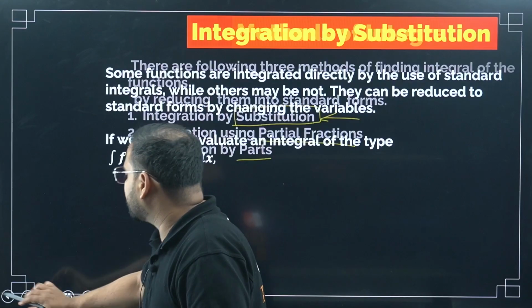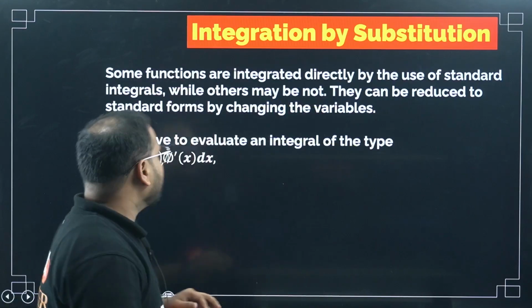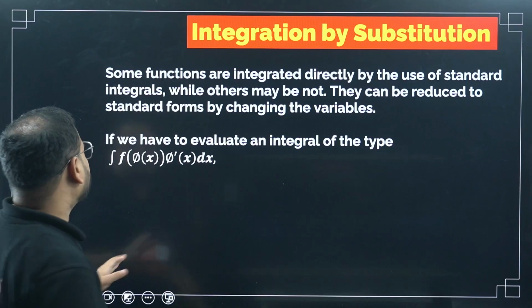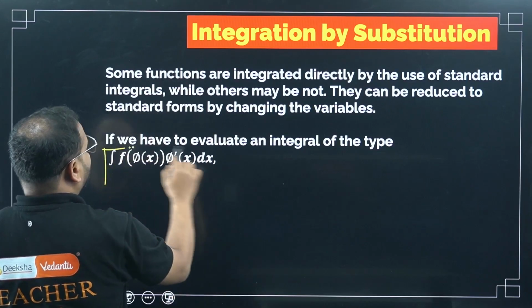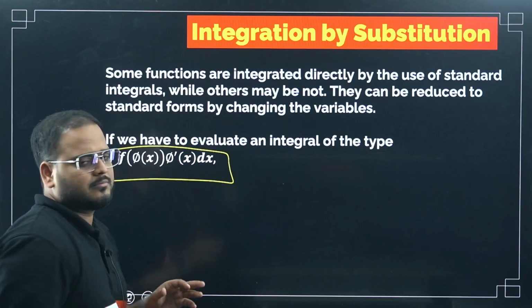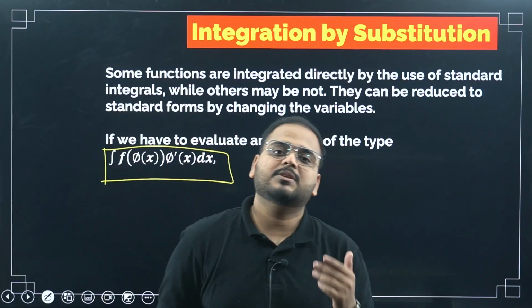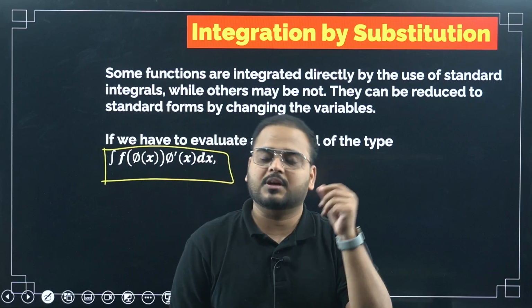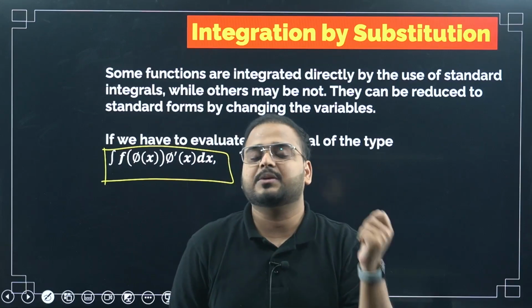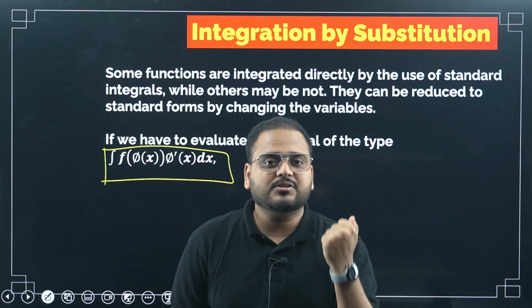Let's see how this works. You should know when to use substitution. There is a situation when you can use it: if something is present in the given problem statement, then a substitution makes the question easier.